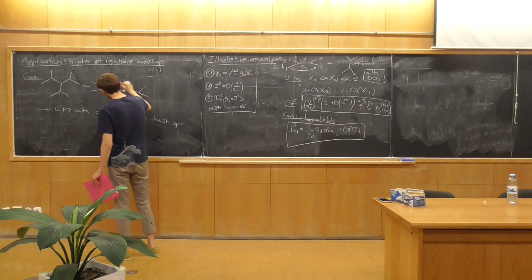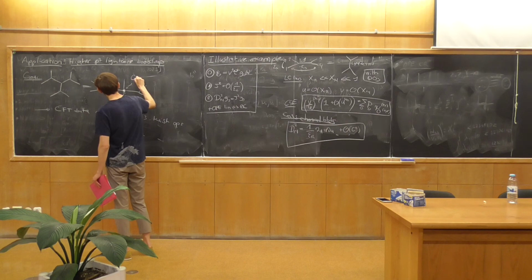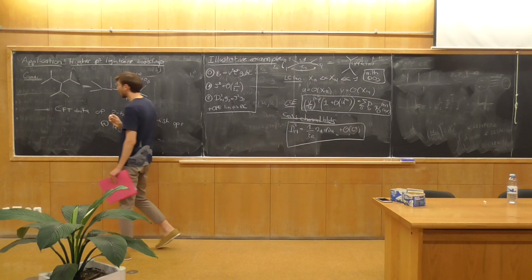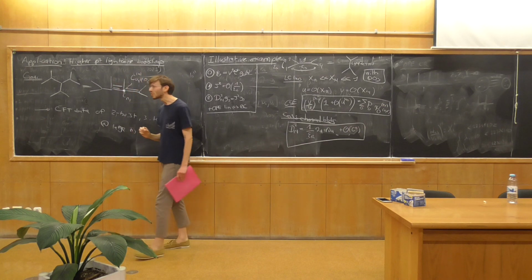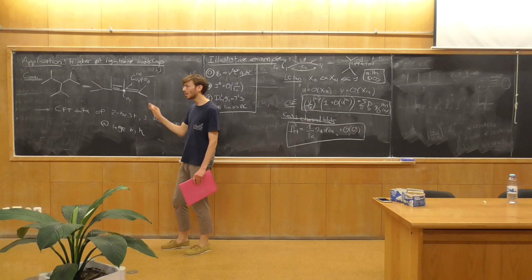So in other words, your blocks will be proportional to OPE coefficients of a spinning operator O1, phi, and O2. Actually, here it's 2, 3. And this three-point function will not be fixed by conformal symmetry. There will be a finite dimensional space that it lives in.